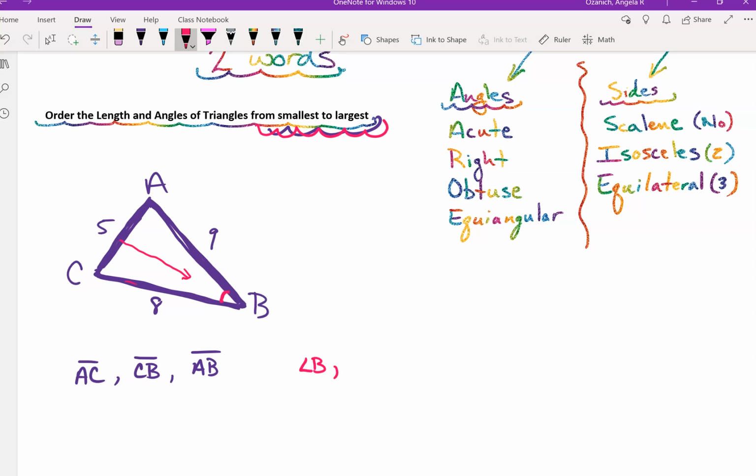And then here's my medium side, so I'm going to shoot across. Angle A would be the medium angle. And here's my largest side, which is 9. Again, I'm going to shoot across to the angle across from it, making my biggest angle the measure of angle C. I don't know the actual measurements of the angles, but that's okay. I'm just putting them in order from smallest to largest. And that is how you order triangles.